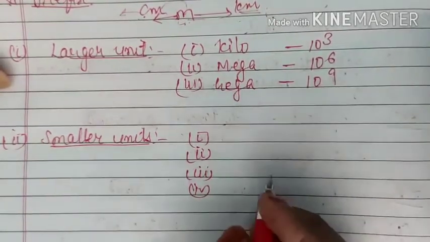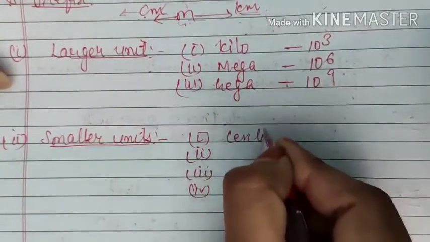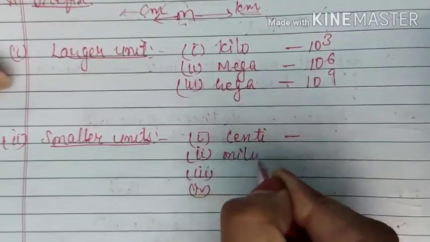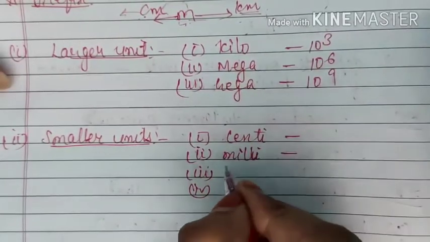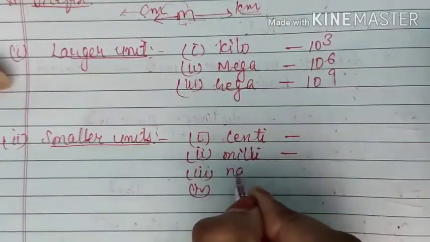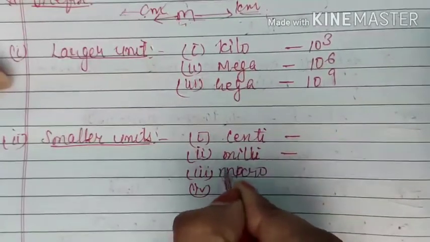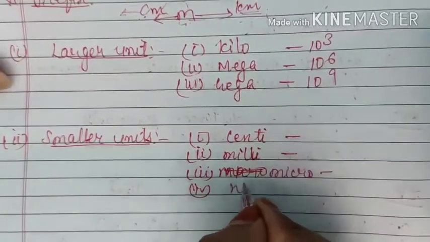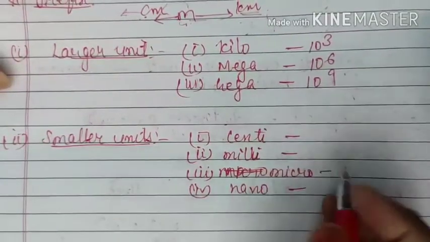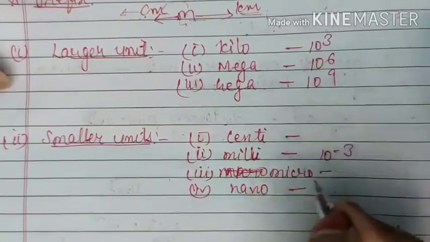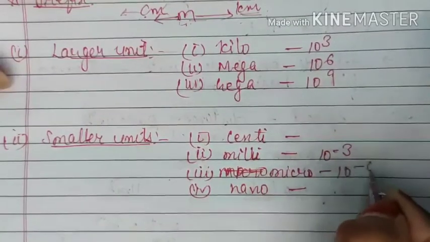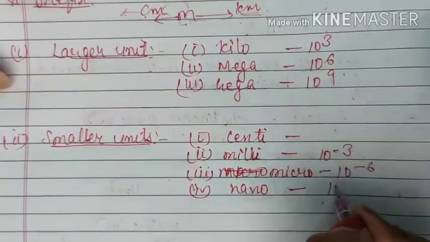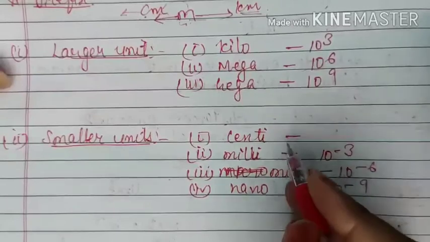For example centi, milli, micro and nano. Milli means 10 raised to power minus 3, micro means 10 raised to power minus 6, and nano means 10 raised to power minus 9.